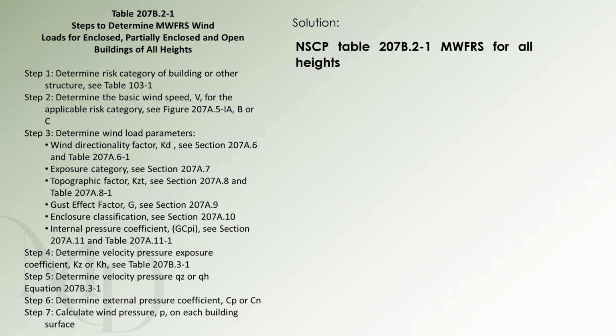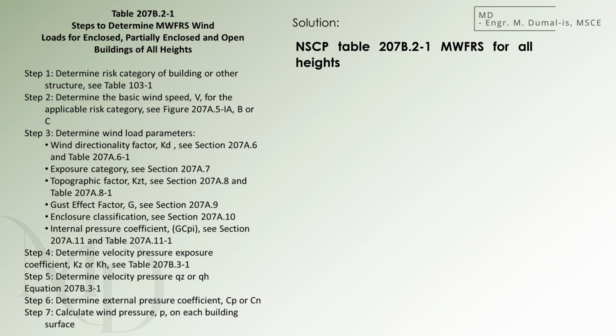After that, we gather several important wind load parameters. These include the wind directionality factor, K sub D, the exposure category, the topographic factor K sub ZT, the gust effect factor G, the enclosure classification, and the internal pressure coefficient, represented by GCPI. Each of these values is taken from the appropriate sections and tables of the code. We then determine the velocity pressure exposure coefficient, K sub Z or K sub H, using Table 207B.3-1.